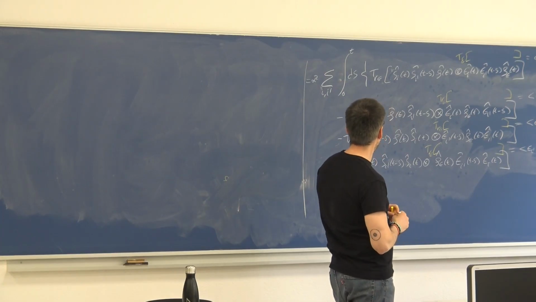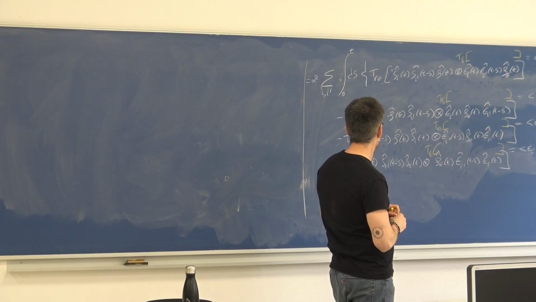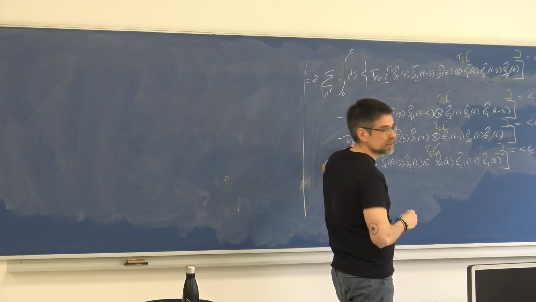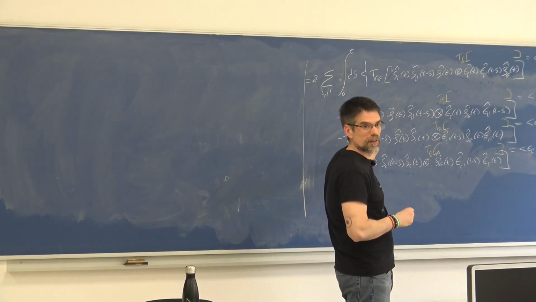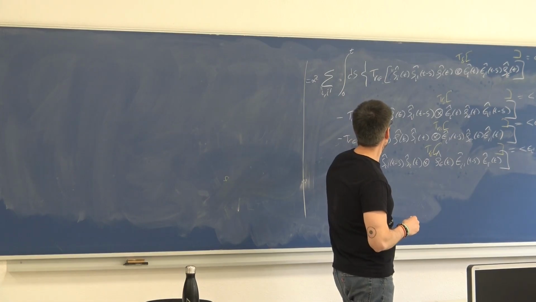Maybe I make a mistake. Because of the cyclic property, aren't the first and the... No, because the trace is over the environment. It doesn't affect the system operator. Okay? Let me mentally check.